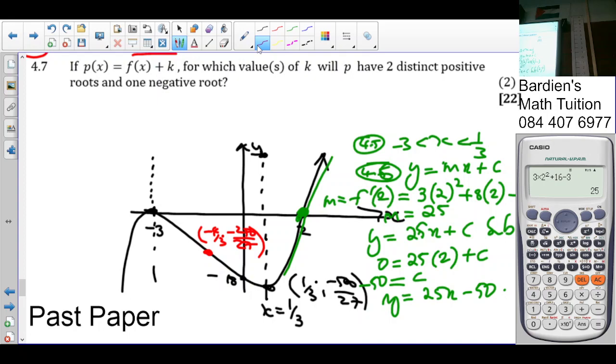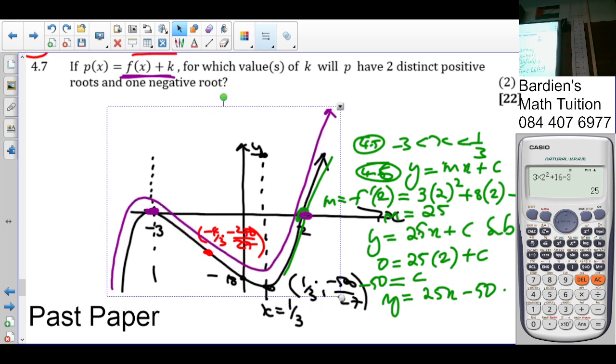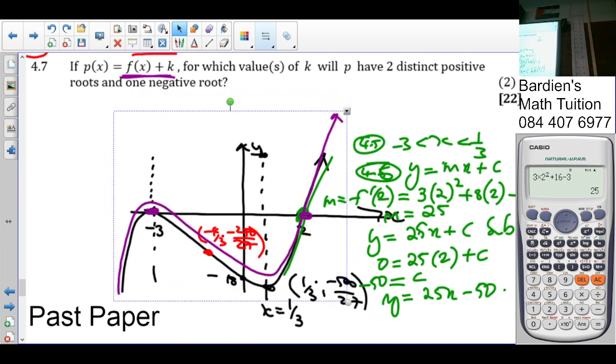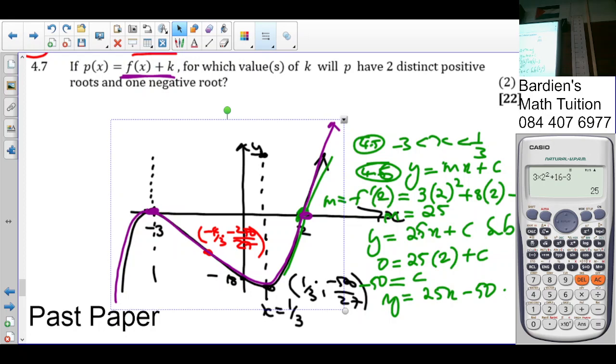Basically, p of x is f of x shifted vertically. The shifting is the k: when I move up or down, I'm moving according to the k value.